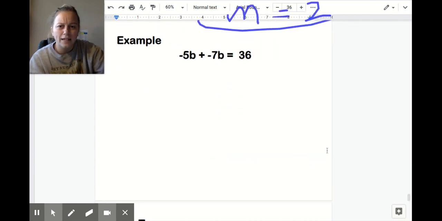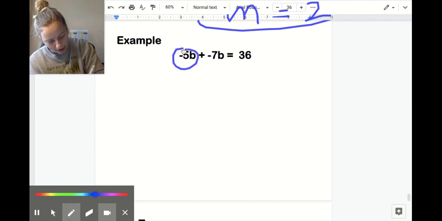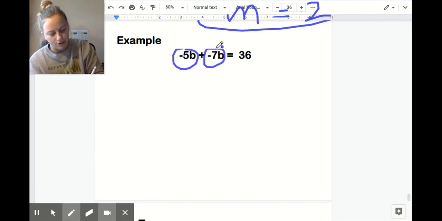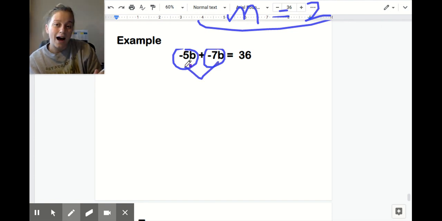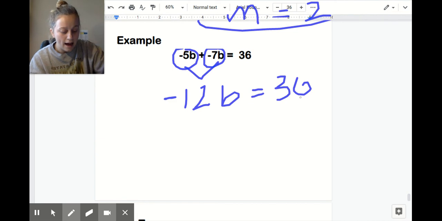All right, here we need to combine like terms. So I have a negative 5b plus a negative 7b. Those can be combined to give me a negative 12b equals 36. Now I have a one-step equation.